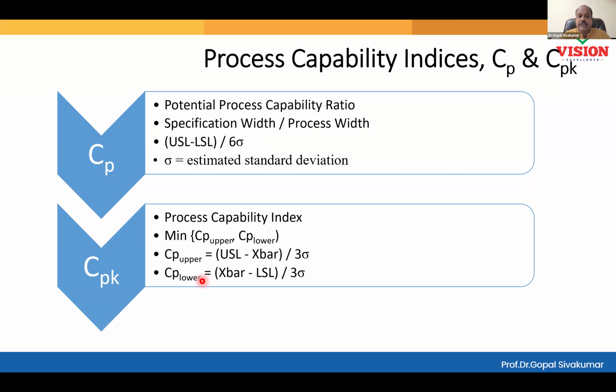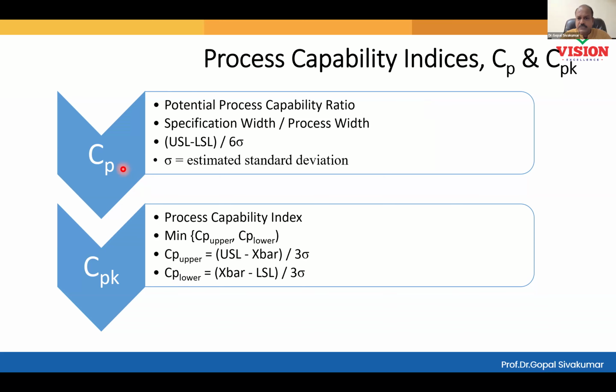Because for calculating Cpk, the process average is also considered. Here, there is no average considered. We are not at all worried where the driver is actually driving, whether on the right side, left side, or properly at the center. We are not checking that. Whereas here, we are checking the position of the process. That is why Cpk is a better metric compared to Cp.